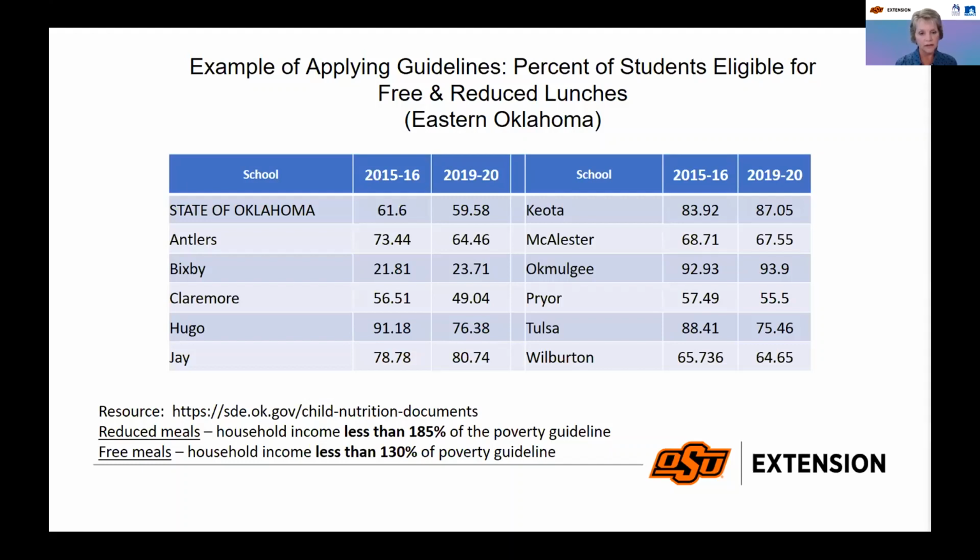That table just shows you the difference from 2015-16 to 2019-20. We know this conference covers a large area, so we just pulled out a few that could hopefully relate to some of your areas.